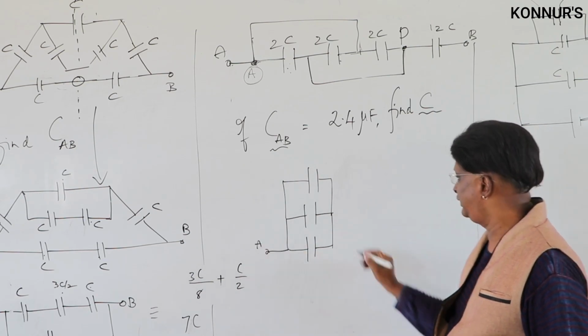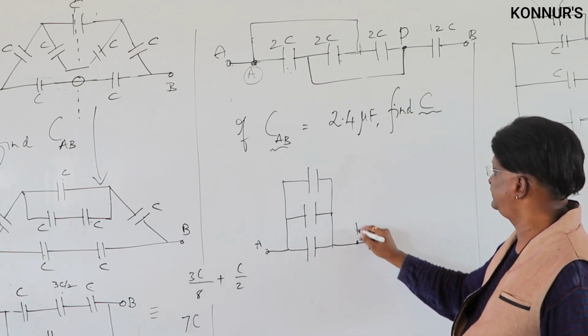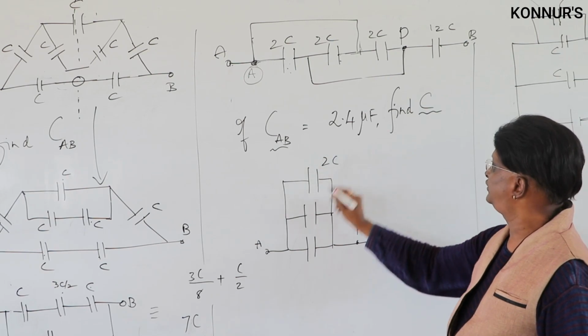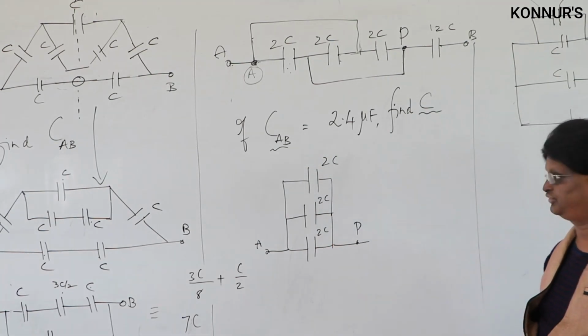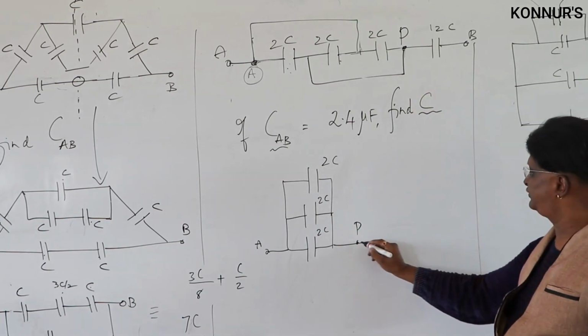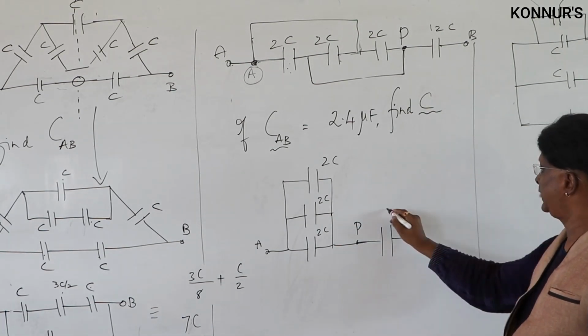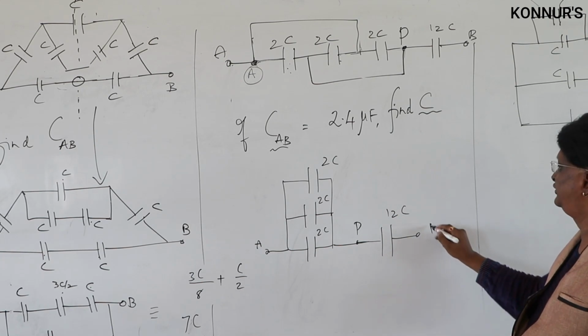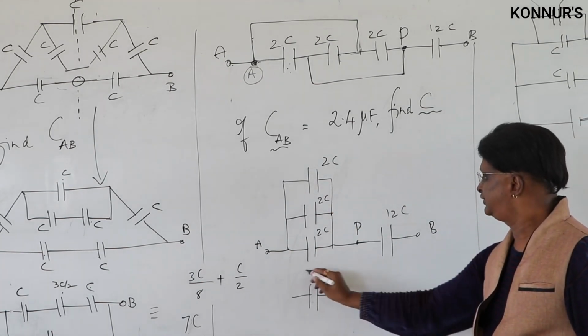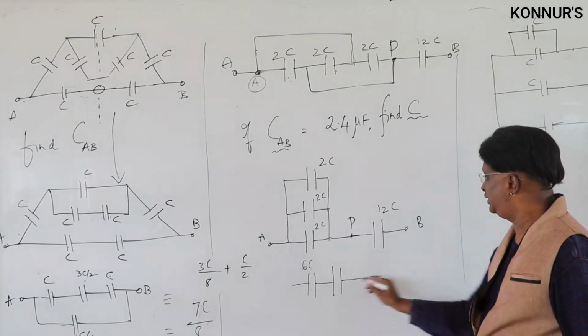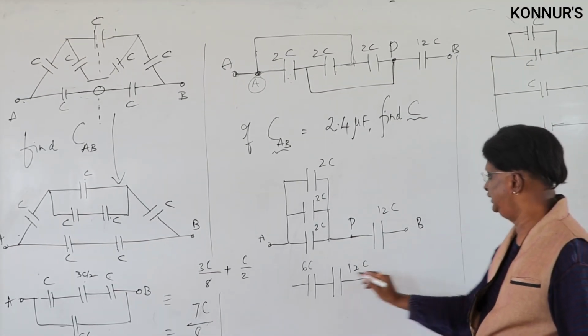This is A, and this is P. This is 2C, 2C, 2C. It becomes a parallel combination, and of course afterwards it is 12C, to the point B. 2C, 2C, 2C gives you 6C, and this one is 12C.